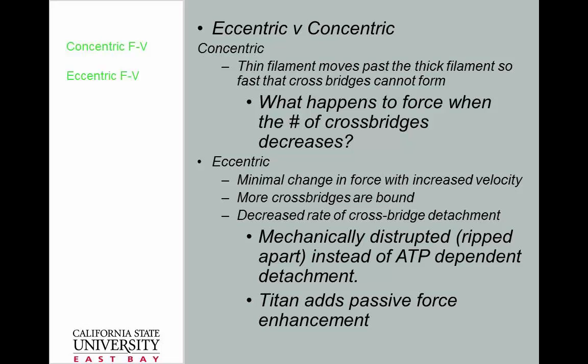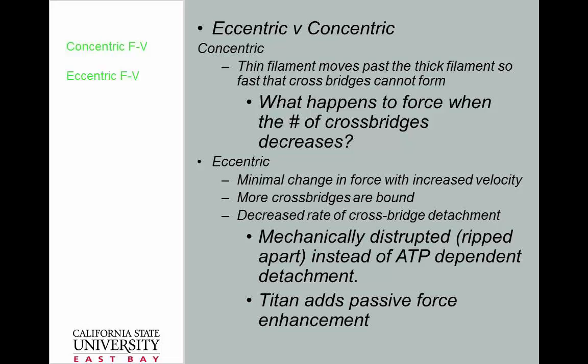Okay, so for concentric, the filaments, actin and myosin, are moving past each other, right? And so as they speed up, the cross bridges just can't form. And if you decrease the number of cross bridges, you're going to decrease the force. So that's the explanation for that relationship between force and velocity in the concentric contraction.